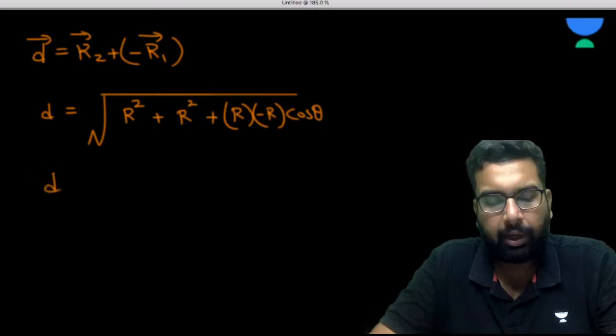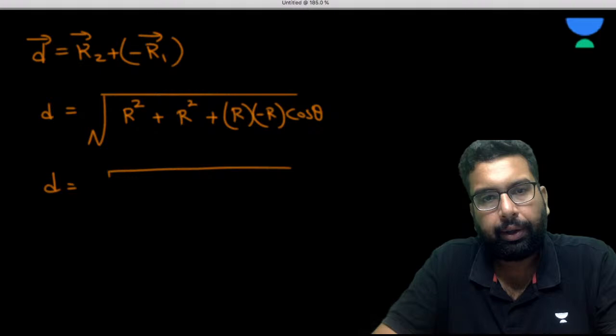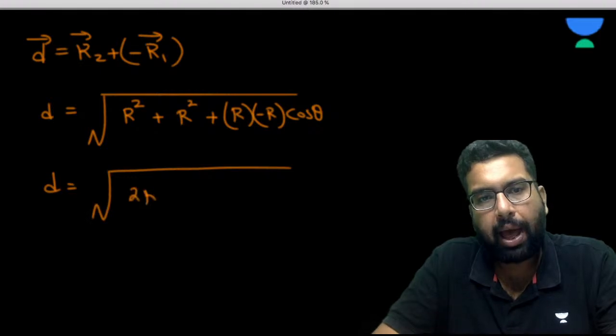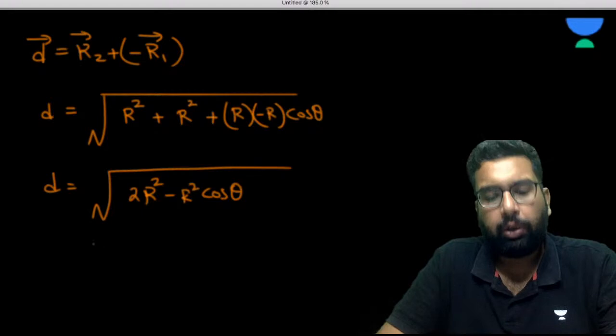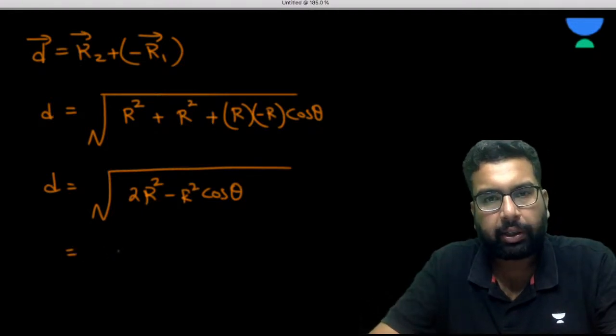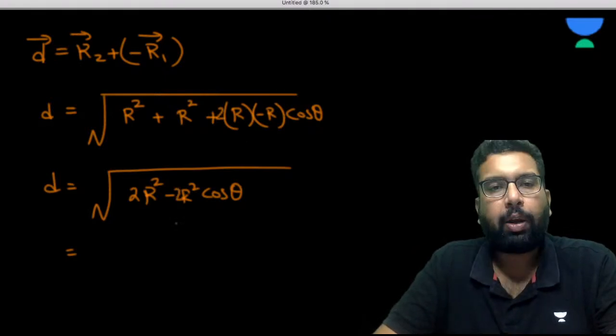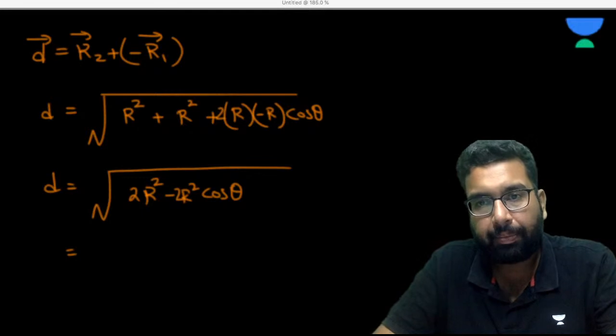So this will become 2 times r square, and this is going to be minus r square cos theta. Sorry, this is 2 also, no? Law of parallelogram of vector addition: it is p1 square plus p2 square minus 2 p1 p2 cos theta, right?